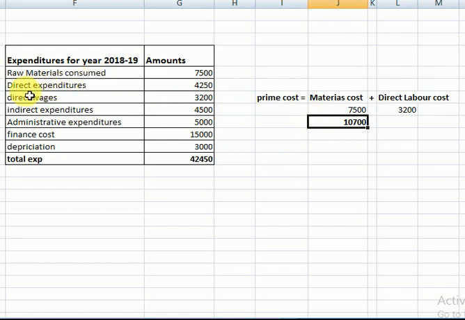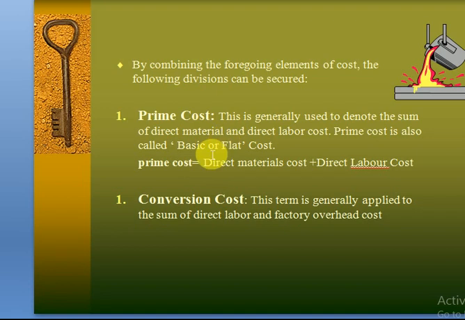I only took the cost of direct material that was used and the direct wages that were paid to direct labor. So the sum of the material cost and direct labor cost, this is called what? This is called prime cost.